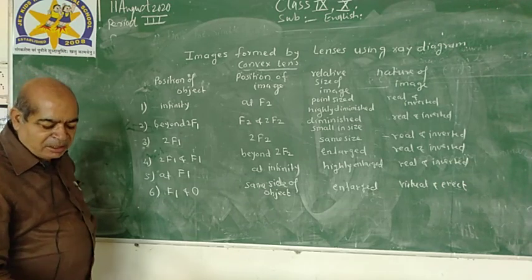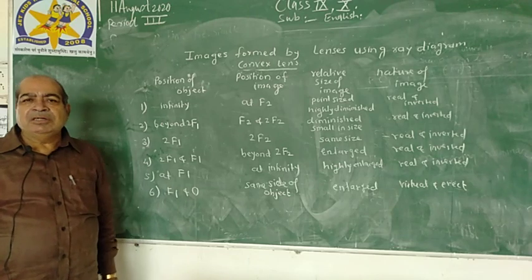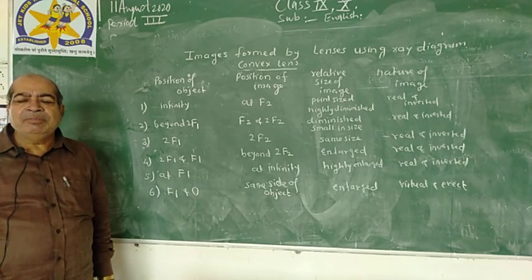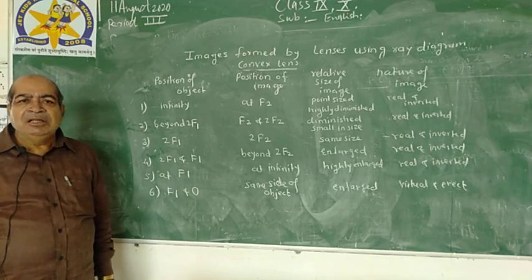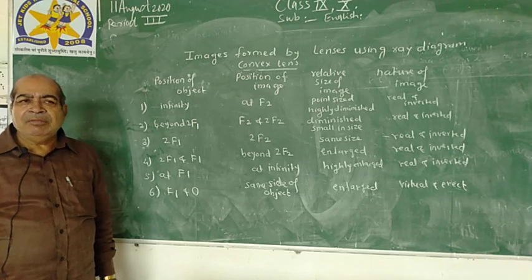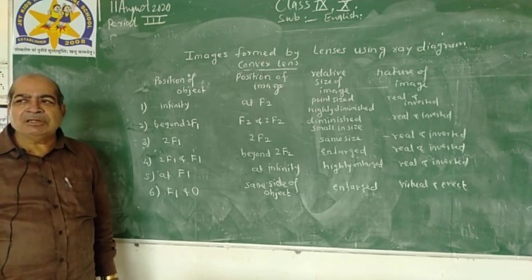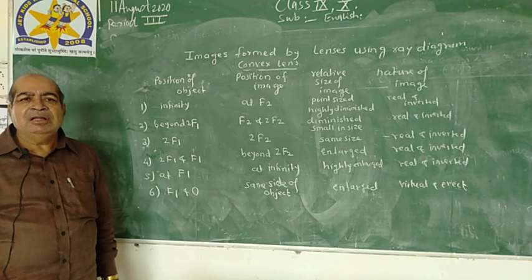So what are the rules? The first rule is, when a ray of light parallel to the principal axis is incident on the convex lens, after refraction it passes through the principal focus on the other side.